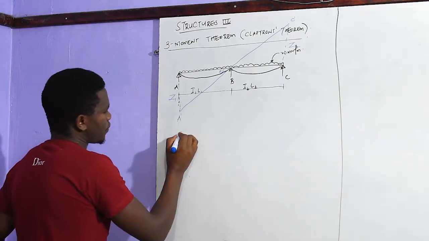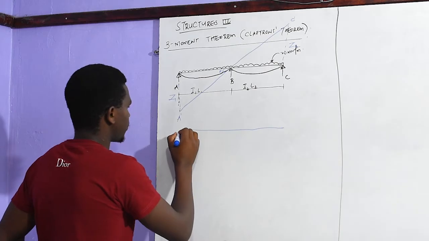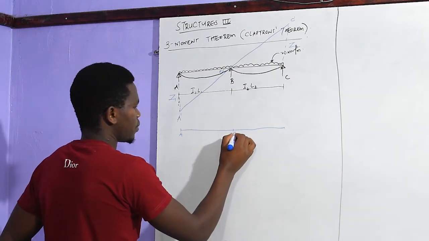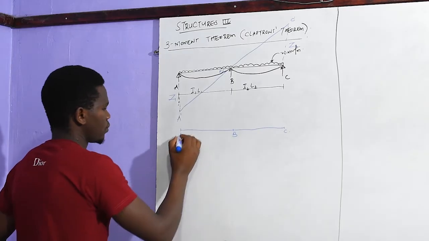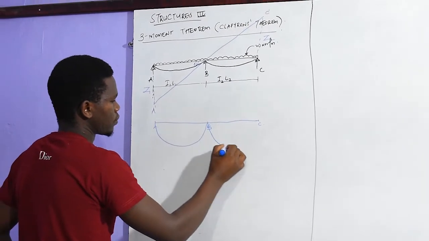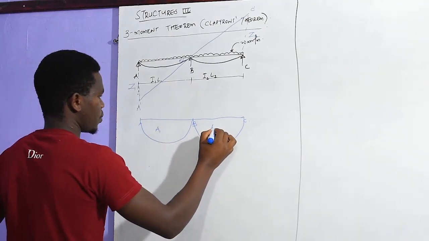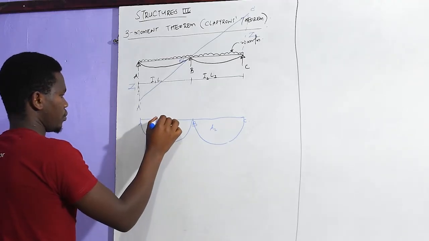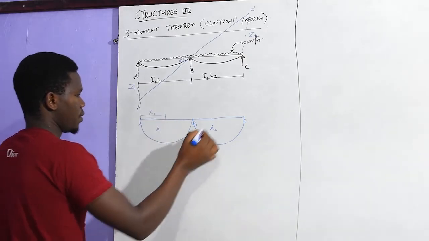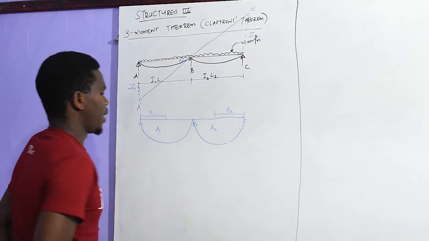First we have to sketch the BMD. Call this one area 1 and this one area 2, with this distance x1 and that distance x2.